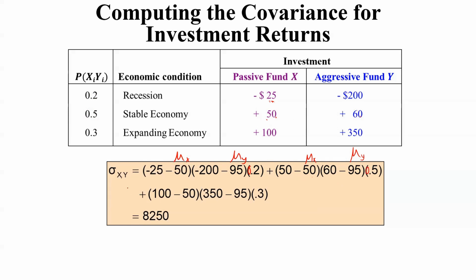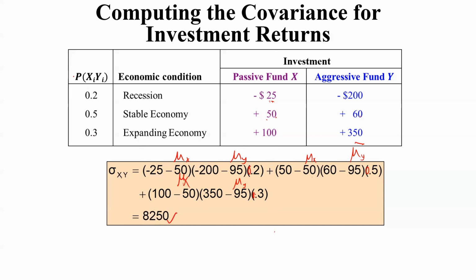Then plus, for the expanding economy, we have the passive fund, which is 100 minus the expected mean mu of 50, multiplied by 350 minus the expected mean mu value of Y. Then the corresponding probability of the expanding economy is 0.3. You calculate this and you get the answer 8250.